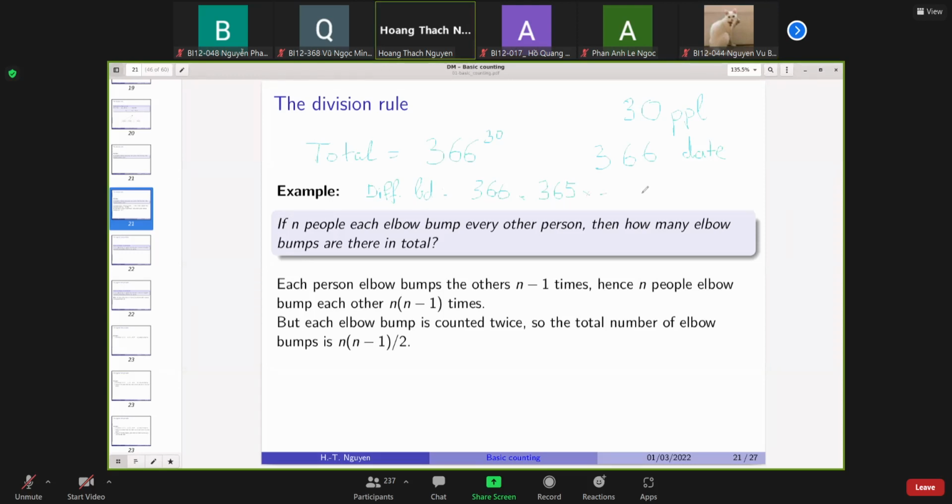Okay, and so the 30th person will have how many possibilities? Can you tell me?